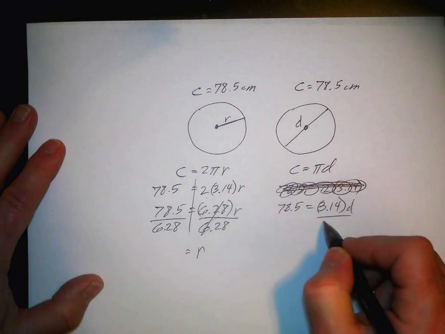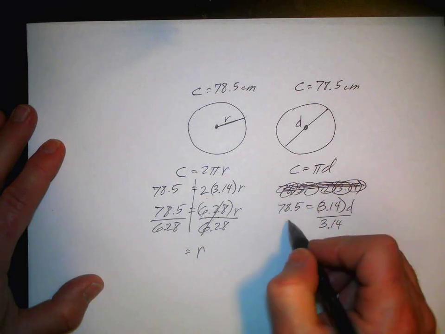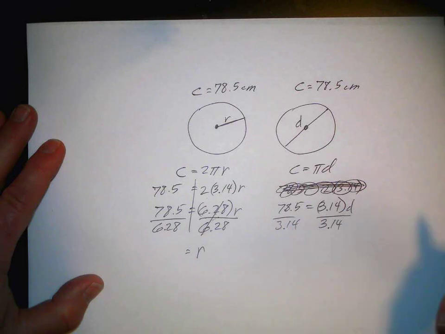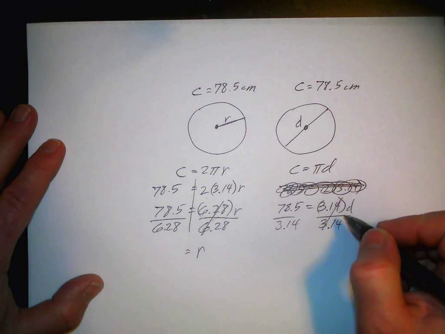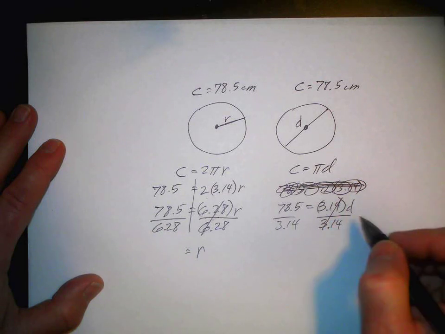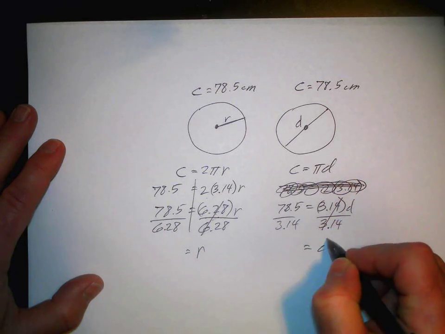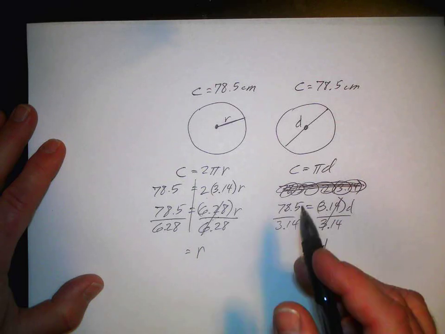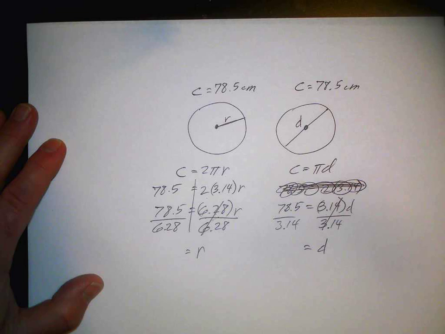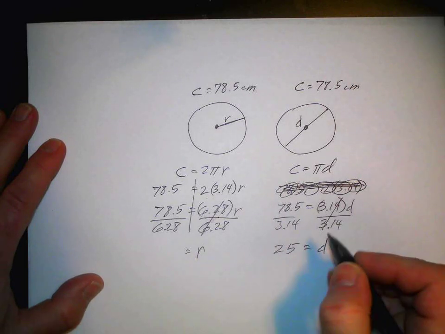So if I divide both of these by 3.14, 3.14 over 3.14 is 1, which means I've got 1d over here. So this side is now simplified to d. So if I look at 78.5 divided by 3.14, that equals 25.